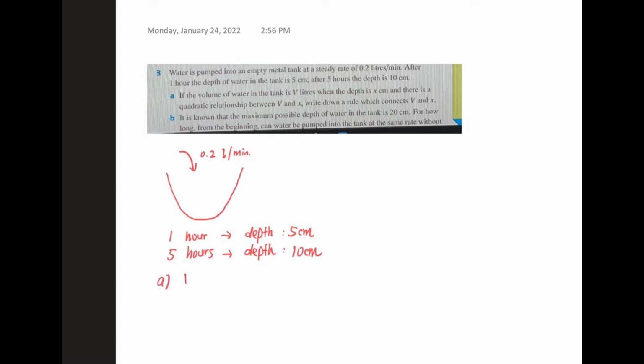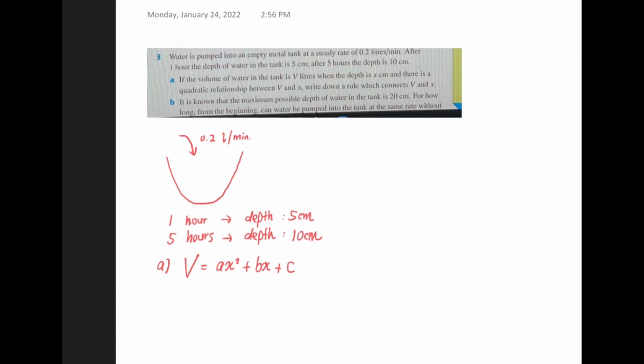Form a quadratic equation. V equal to ax squared plus bx plus c. Just form a quadratic equation, and we have to find out a, b, and c by using the information over here.